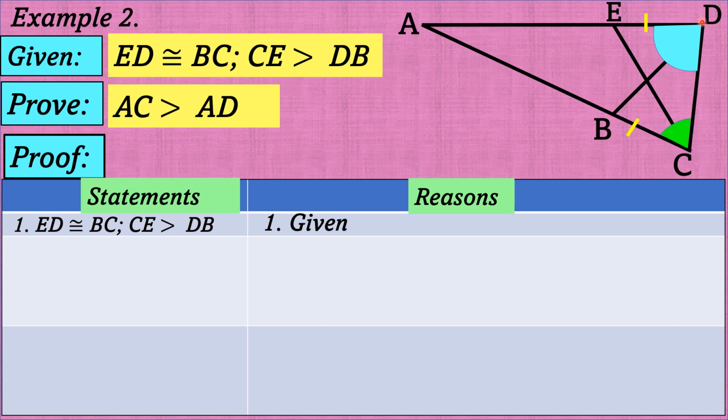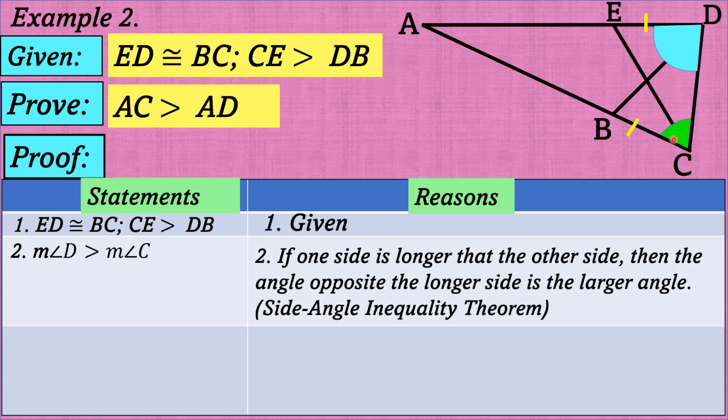While side BD is shorter in measure compared to side CE, its opposite angle, which is angle C, has a smaller measure of angle. So, from that, we can use as our second statement that the measure of angle D is greater than the measure of angle C. So, what is our reason?